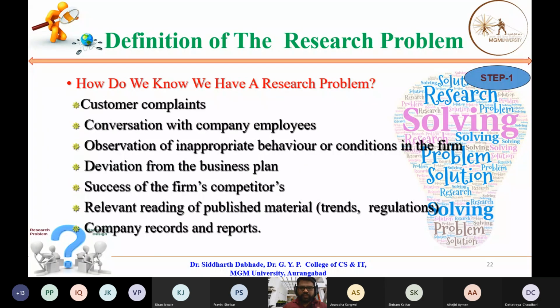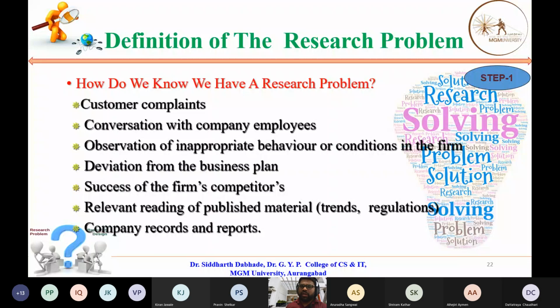So how do you know we have a research problem? First, you need to find out what the customer complaints are. If we take the example of any specific product like your mobile phone or any consumer product, at that time we should look at customer complaints and the communication between company employees, and what will happen in future.